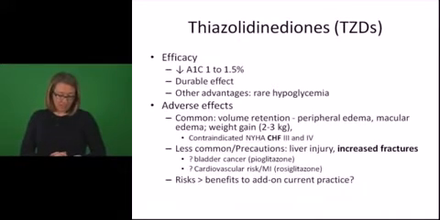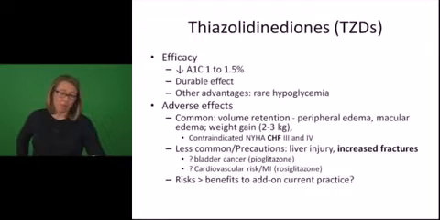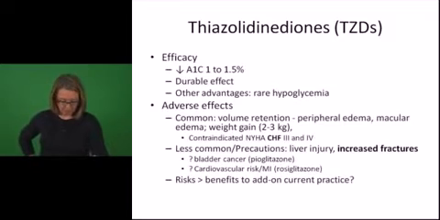Troglitazone caused idiosyncratic hepatotoxicity and deaths from liver failure, and that was removed from the market in the late 1990s. But pioglitazone still needs to be looked at as far as LFT function. You're looking for an ALT or an AST of greater than 3 times upper limit of normal as an area to be concerned, and a total bilirubin of more than 2 times the upper limit of normal.